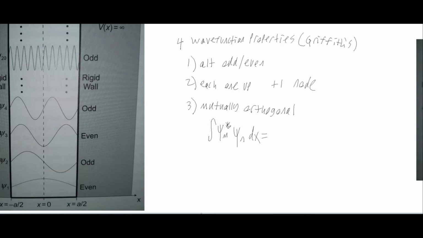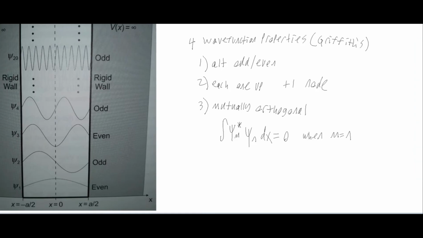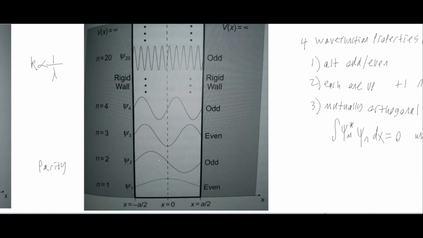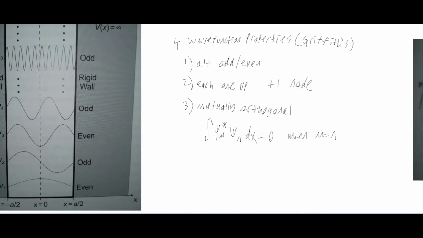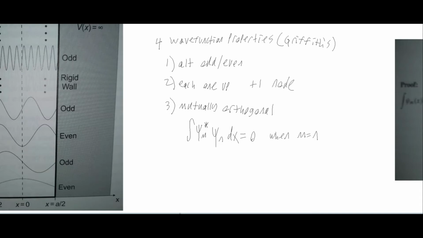If we take the integral of this, it equals 0 when m is not equal to n. And so that means if we take the integral of this one, for instance, multiplied by this one, it will be 0. If we take the integral of this one multiplied by itself, then we get the probability. That would just be the Born rule. But if we do it this way, then it is when m does not equal n, rather.